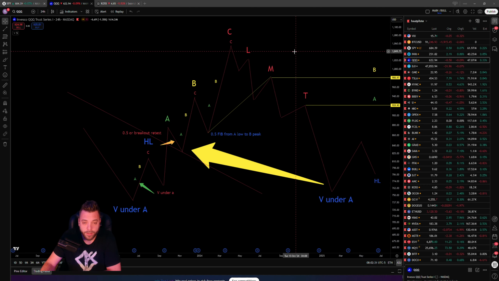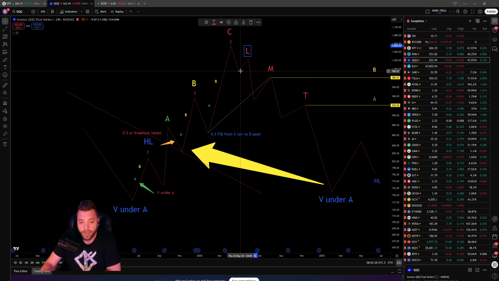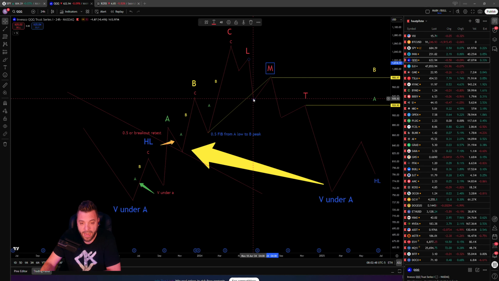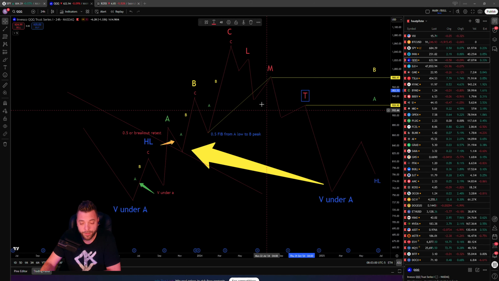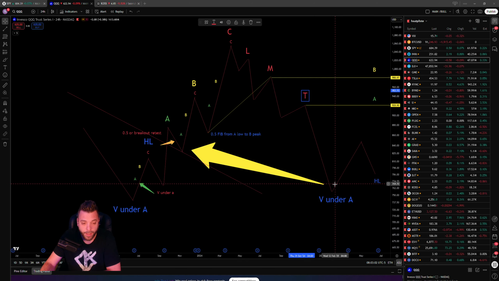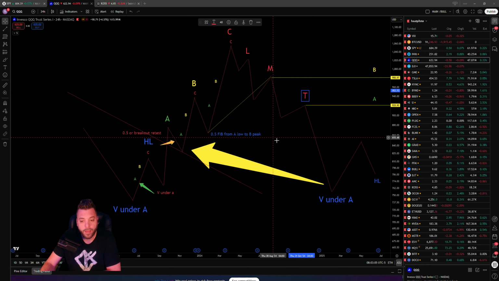The important thing here is the lower high is only finished when it's under the point where it started. The same for the M: it is only finished when it starts under the low of the lower peak, and it has to finish in a lower low than where it started. And the same for T also. And after T, your last time to sell, you go to your BYND here.